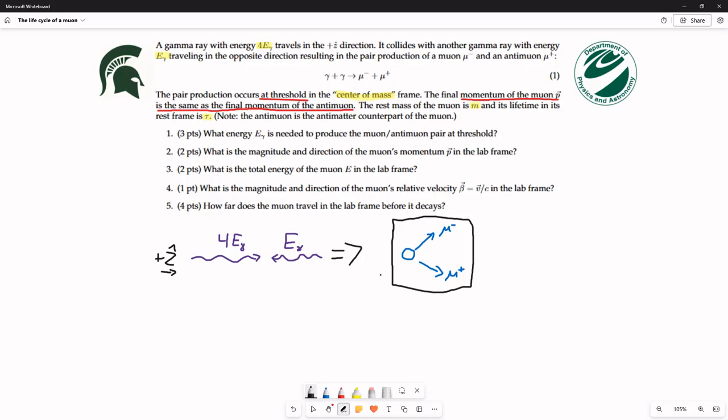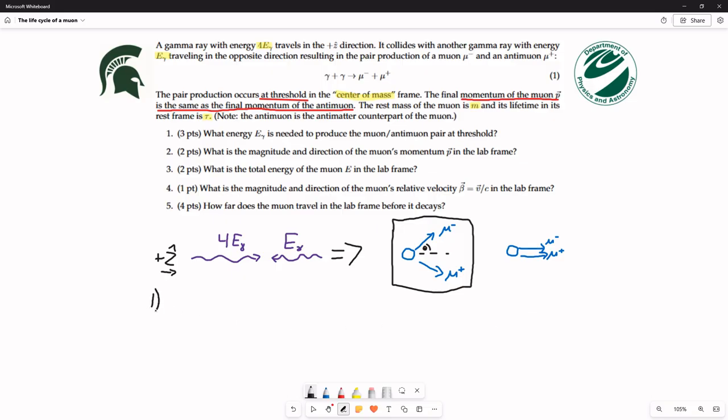But this isn't actually complete, since the extra energy of an angle does not exist because of the keywords at threshold. So I will redraw this to be a little bit more accurate to the scenario that's happening. We have mu minus and mu plus. And with that, I think we can begin the question.